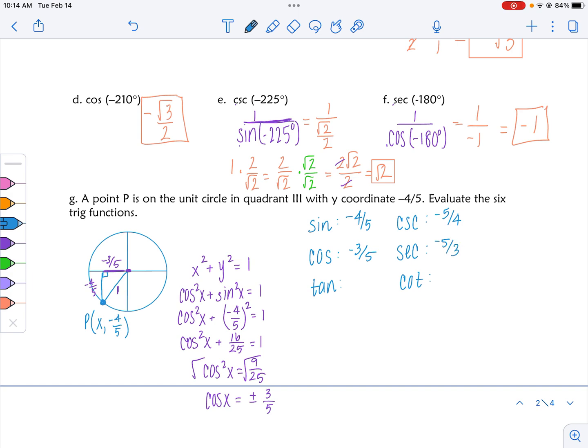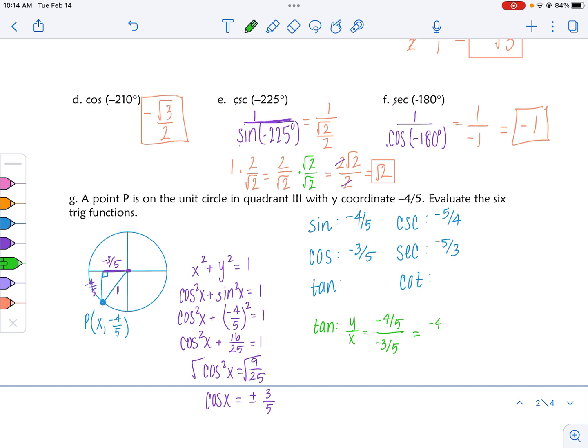And now we're just left with tangent and cotangent. Well, remember from the front, tangent is the same thing as y over x, your opposite over adjacent. So when you're looking at tangent, y over x, the y value is negative 4/5, x value is negative 3/5, directly from our picture.